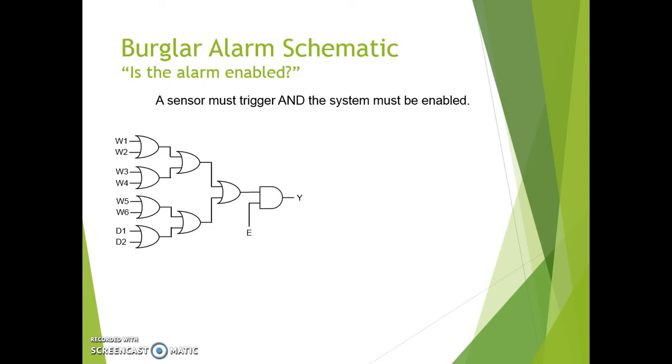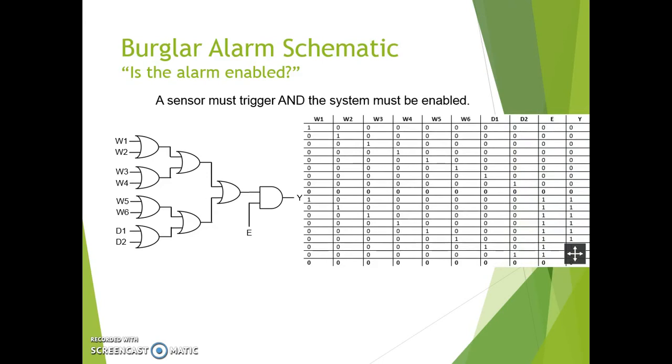So if we incorporate the existing circuit that we designed and add to it now an AND gate, we can see that we need one of the sensors to trigger and the system must be enabled in order to have the gate provide voltage to the alarm switch, the Y output.